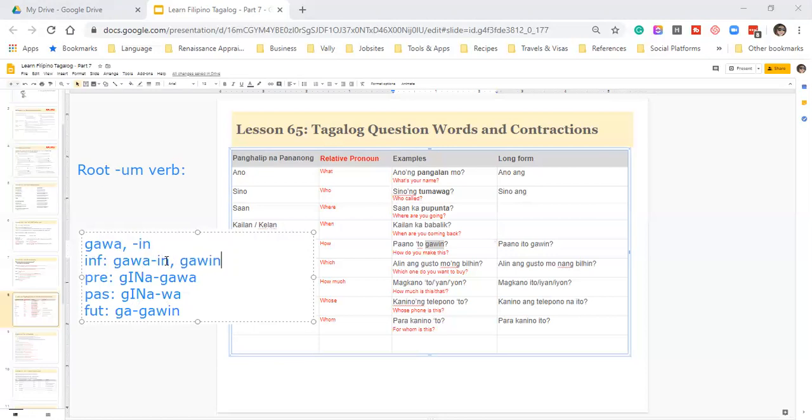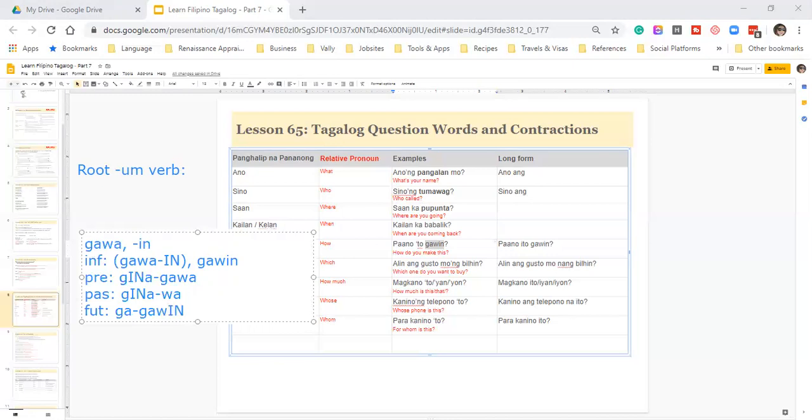So real quick, you said it's a benefactor verb because in this we have ito, iyan, iyon. We also know that this is benefactor because we put this infix, or there's a suffix.